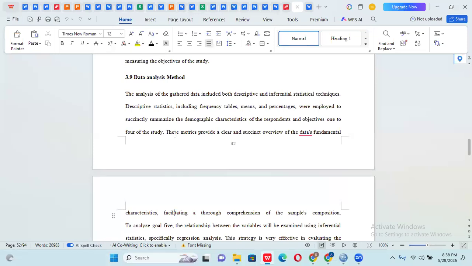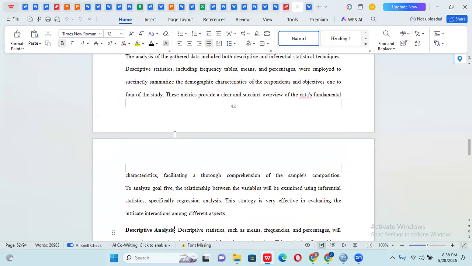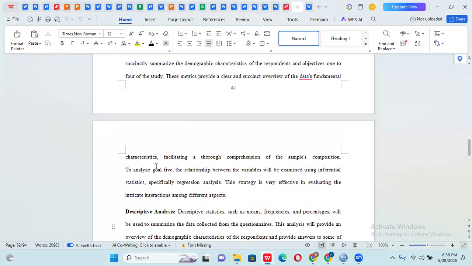That's the first thing. To analyze objective 5, the relationship between the variables will be examined using inferential statistics, specifically regression analysis. Now there is a problem because objective 5 has been deleted. One objective has been deleted, so this methodology ought to have changed. I did not change it because I want to show us.